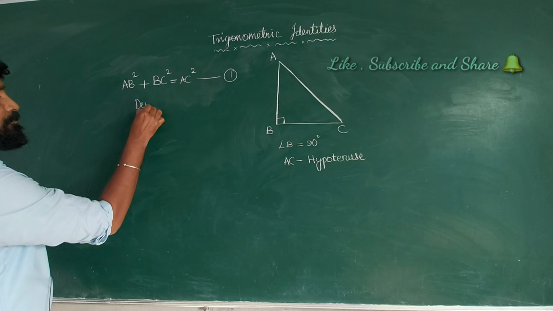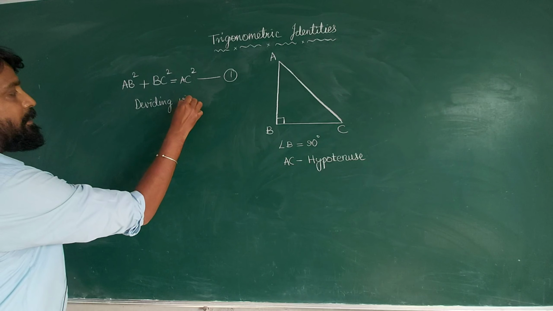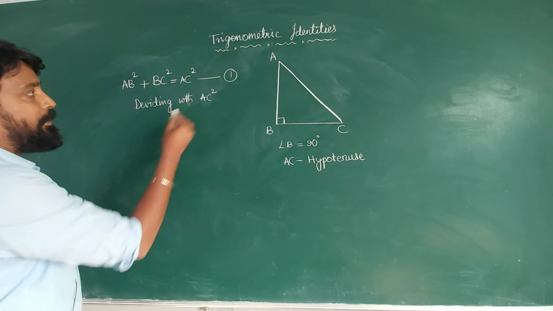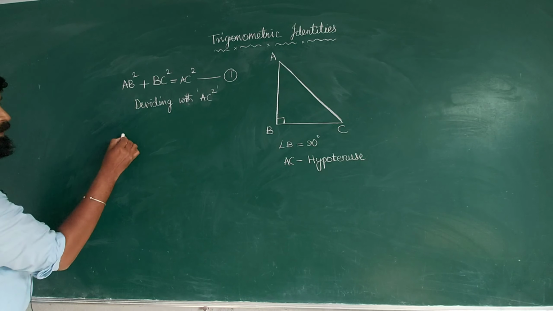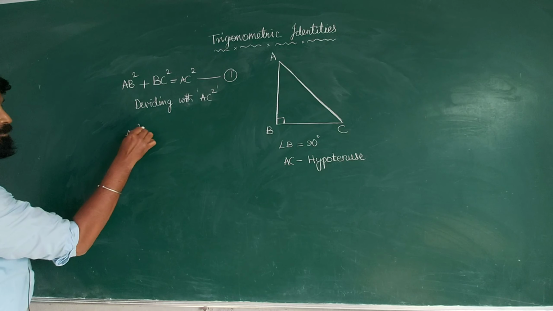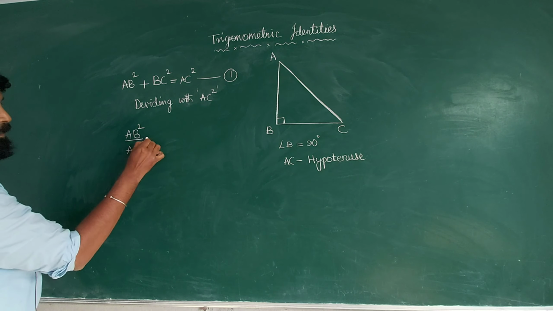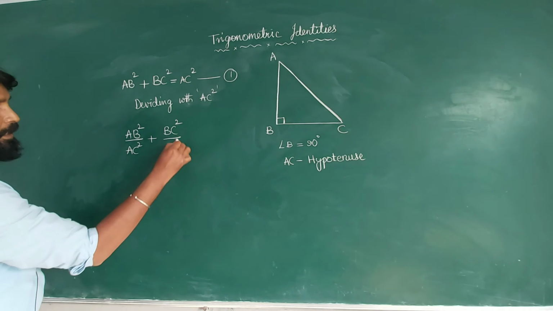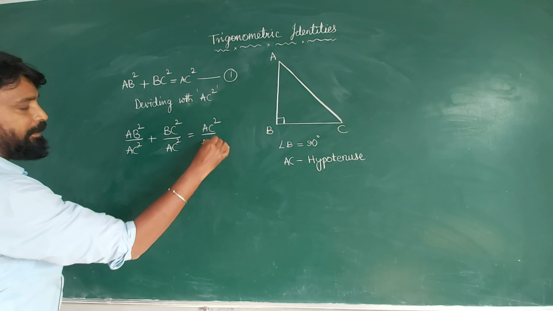Now dividing equation 1 by AC square, what will we get here? AB square by AC square plus BC square by AC square is equal to AC square by AC square.